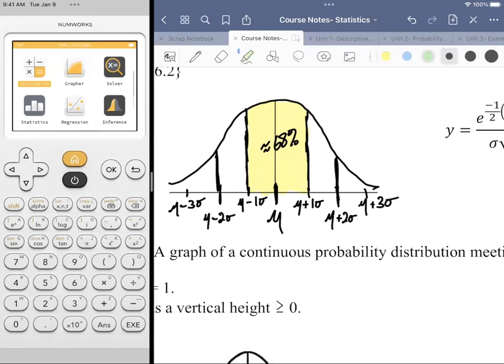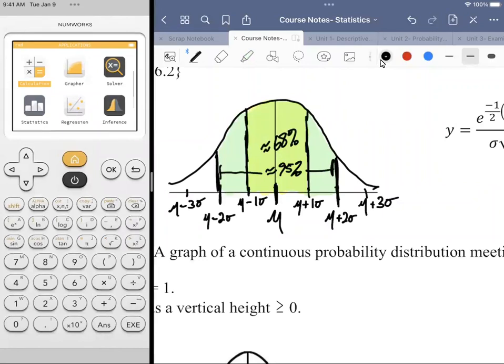There's really no easy way for me to use my highlighter to do this without it covering up all the yellow, but I guess I can do that, to kind of treat it like a Venn diagram. So this whole interval here is going to be about 95% of the data. And then the last one would be about 99.7% of the data.